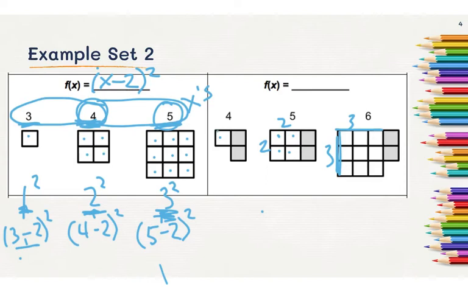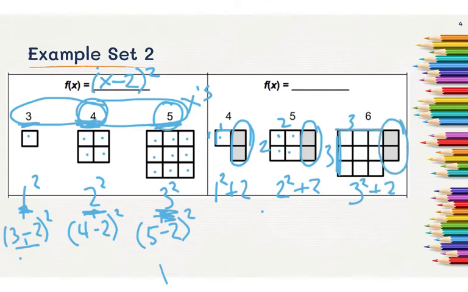All right, so I see all of my squares here. So here I can say 1 squared plus 2. All right, I got plus 2 gray ones. 2 squared plus another 2. So this looks like a constant. That's pretty cool. Okay. And then 3 squared plus that constant value of 2 again.